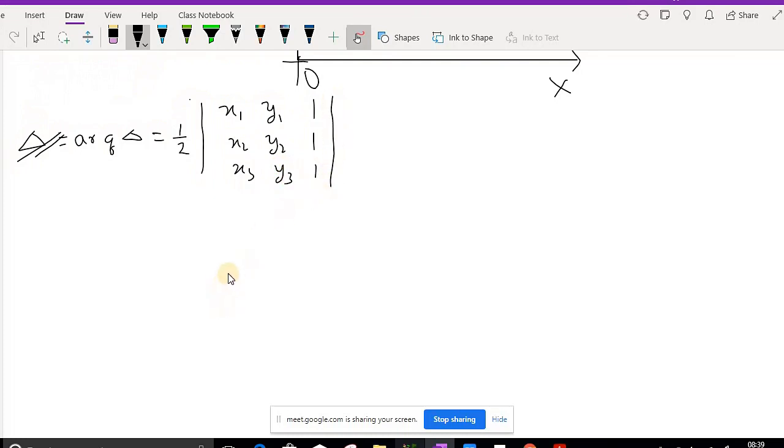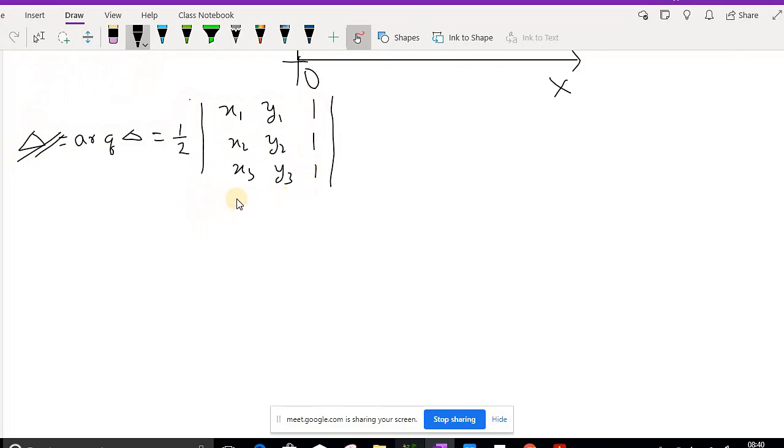Okay, so to find out this determinant, let's expand along this column. I'm not going to use any properties.